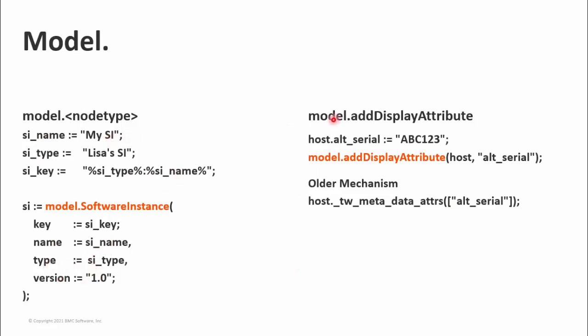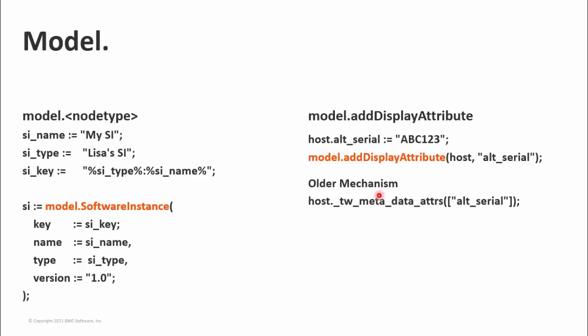We also have model.addDisplay attribute, which is often used to add a new attribute to the UI display of that node. So here we're setting a new attribute on a host, host.alt_serial equal ABC123, model.addDisplay attribute, add it to this host node that's defined above somewhere, and the name of the attribute to be added is alt_serial.